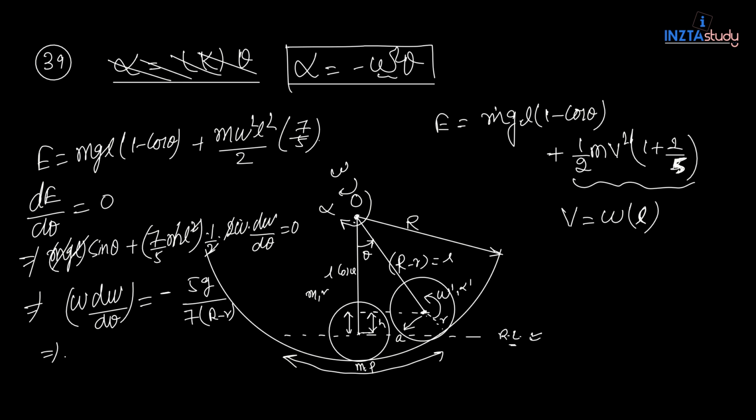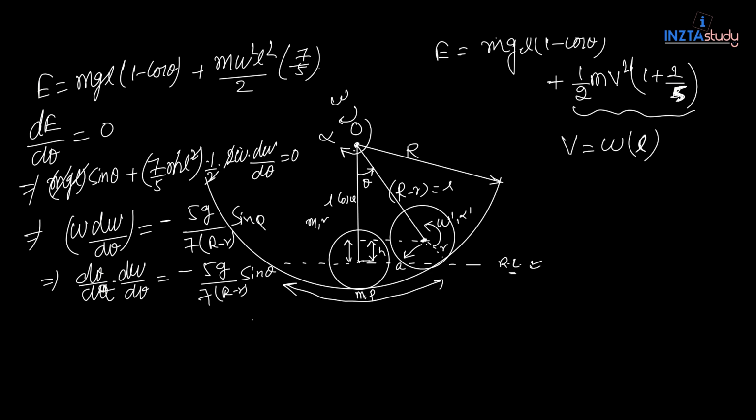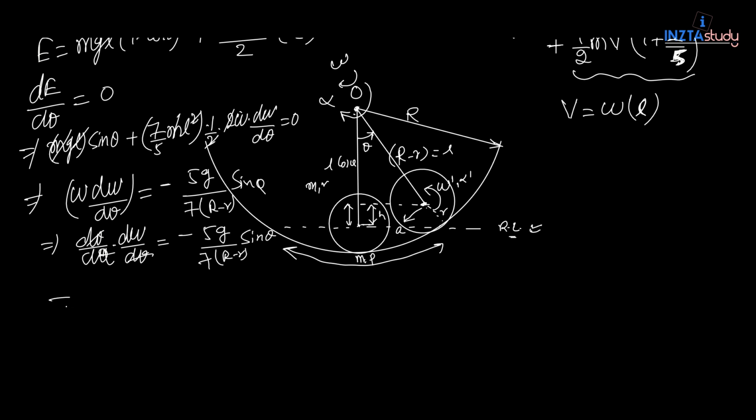Since omega is d theta by dt, omega d omega by d theta becomes d omega by dt, so d omega by dt, which is alpha, is equal to minus 5g upon 7 (R minus r) into sin theta.